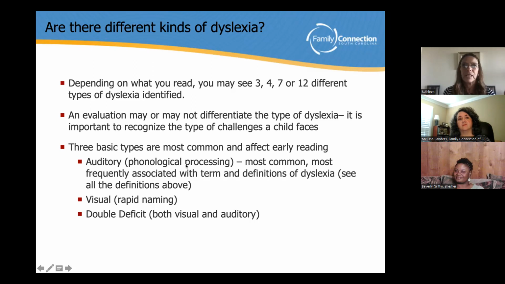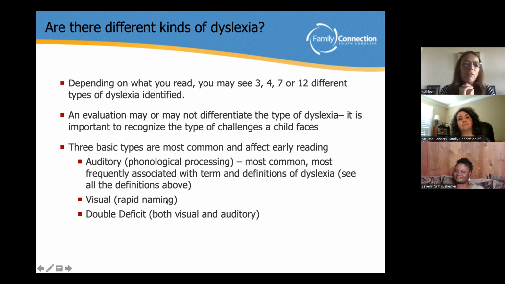The first, particularly, is phonological processing. And in all of these lists, 3, 4, 7, or 12, it will be called auditory dyslexia or phonological processing. This is most common. It's most frequently associated with the term and definitions of dyslexia, and all of the definitions you will see above in the list I gave you before.